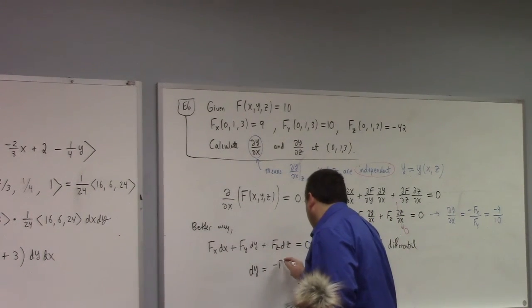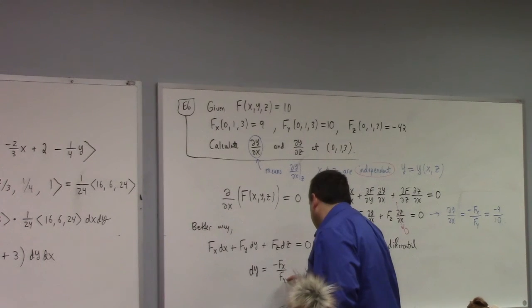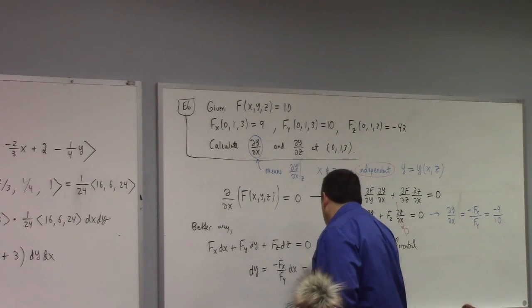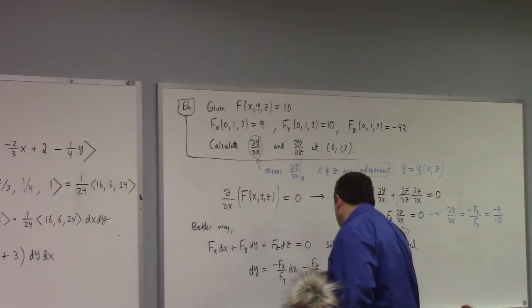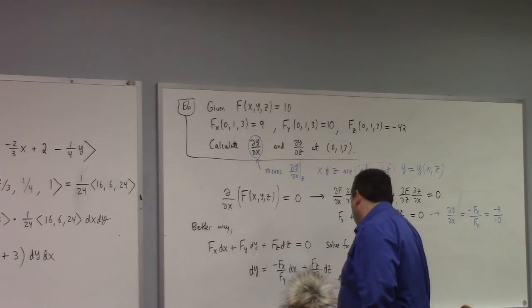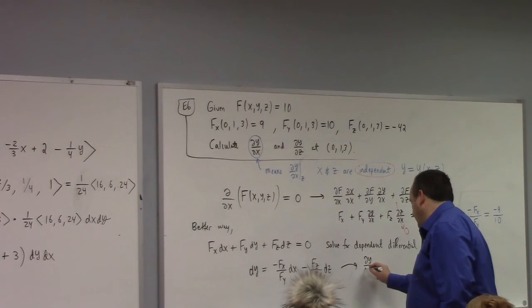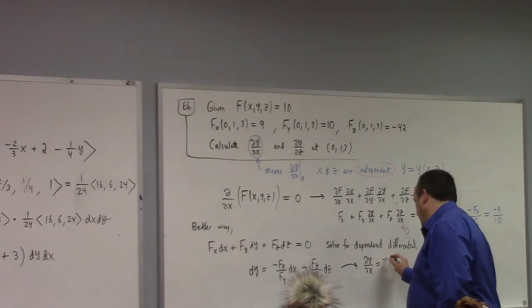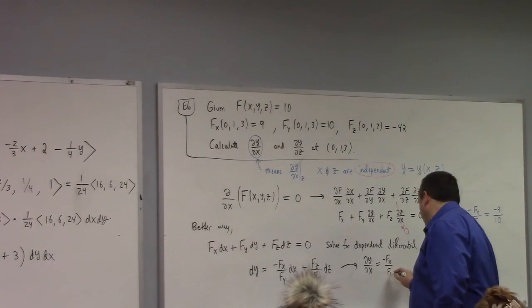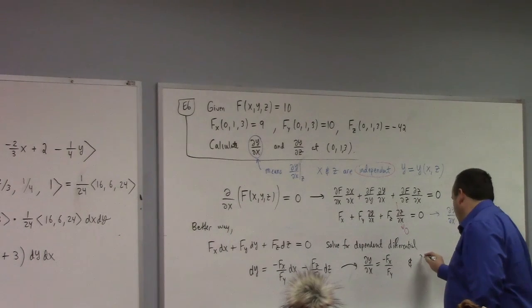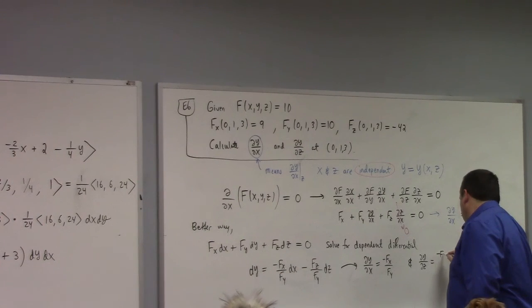It's equal to minus fx over fy dx minus fz over fy dz. And from this, I can immediately read off that partial y, partial x is minus fx over fy, and partial y, partial z is minus fz over fy.